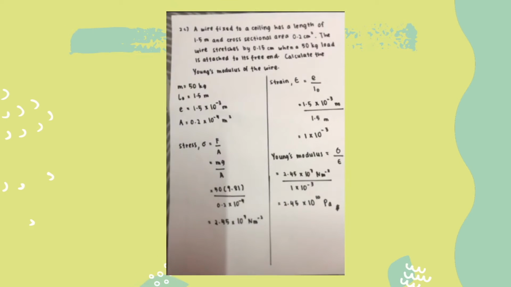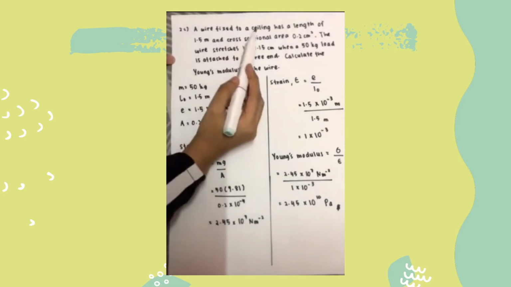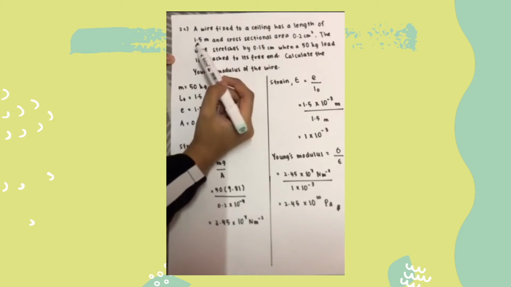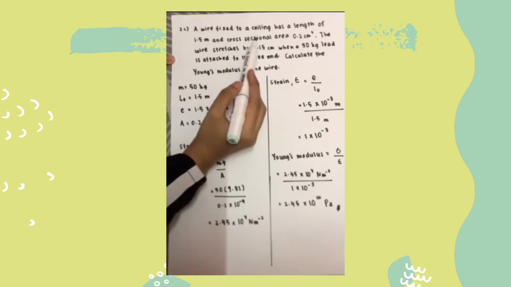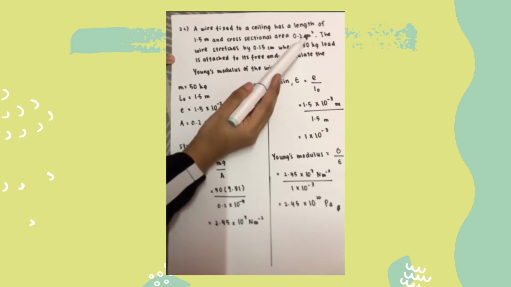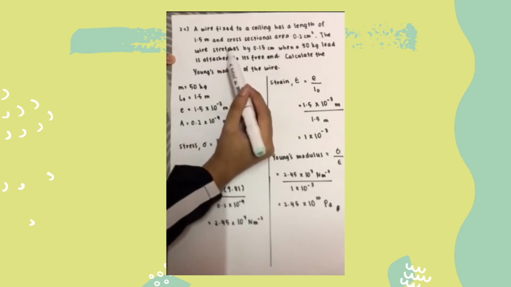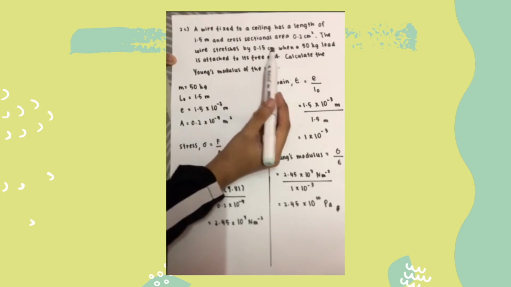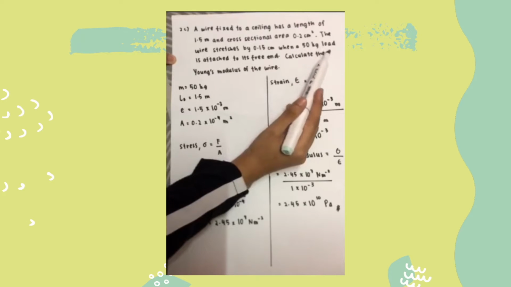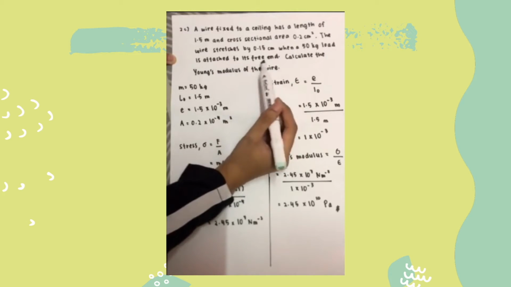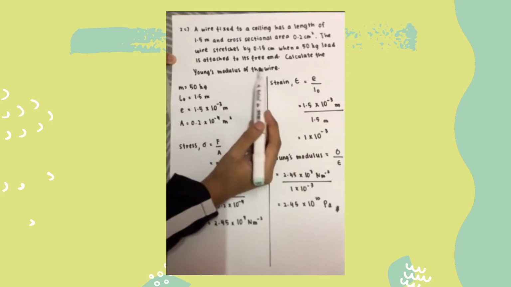For question 2C, the question is, a wire fixed to a ceiling has a length of 1.5 meter and cross-sectional area 0.2 cm squared. The wire stretches by 0.15 cm when a 50 kg load is attached to its free end. Calculate the Young modulus of the wire.